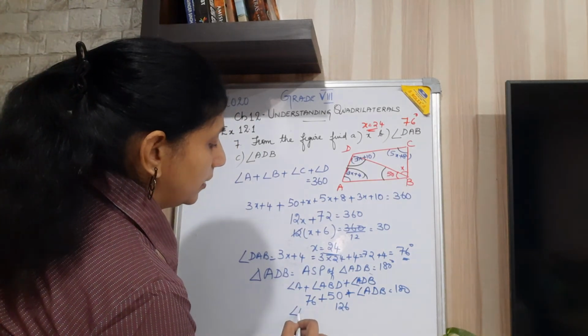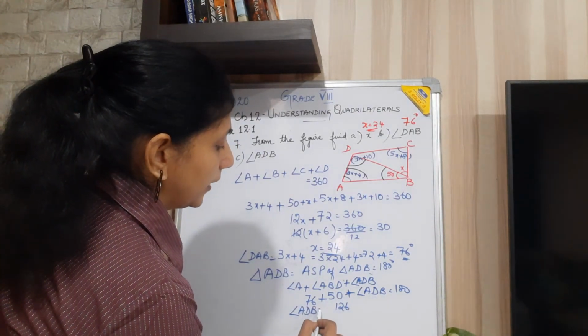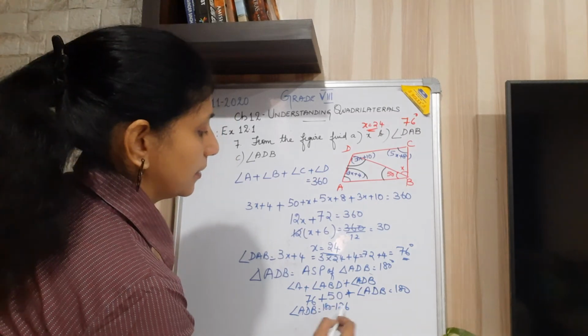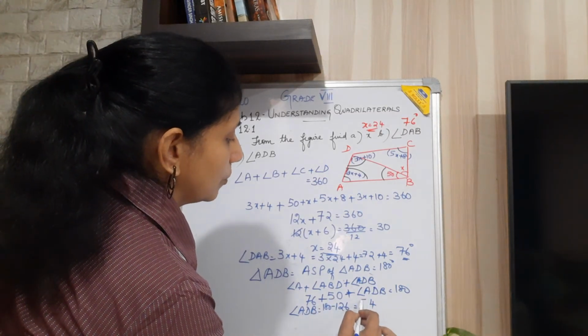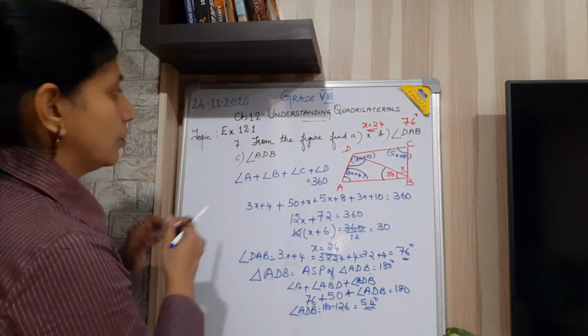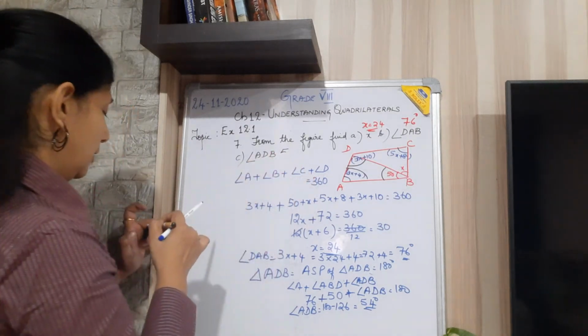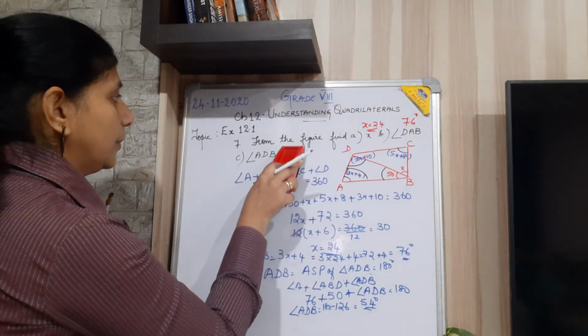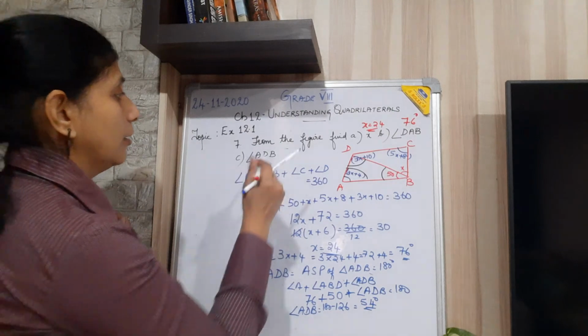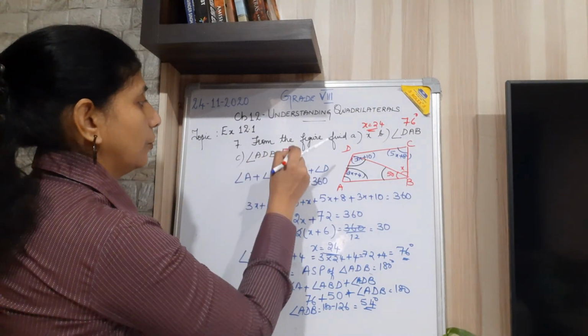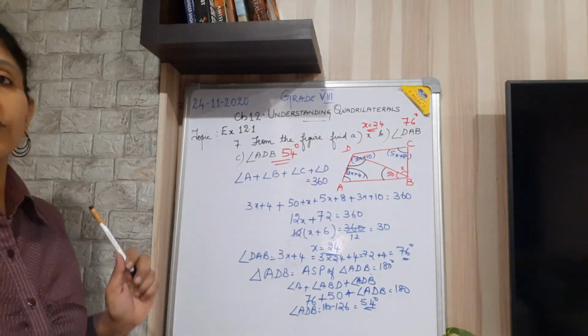So angle ADB equals 180 minus 126, that is 54. So you got angle ADB equal to 54 degrees.